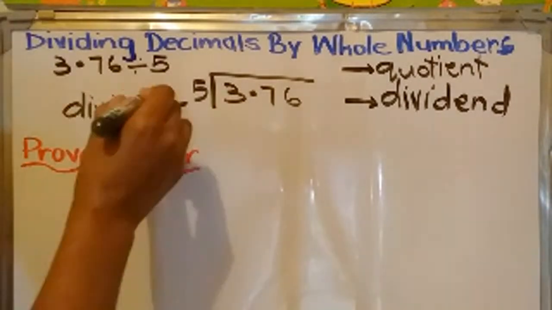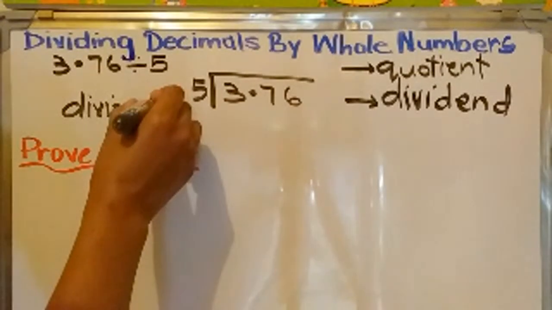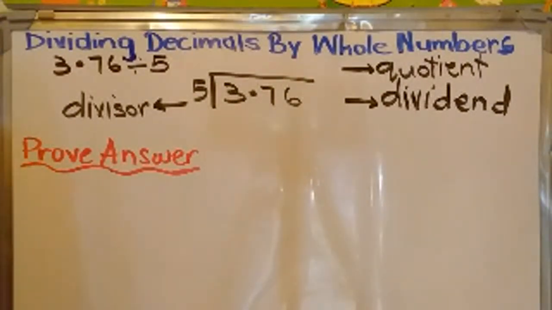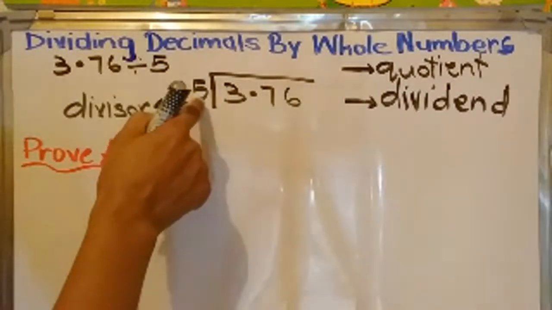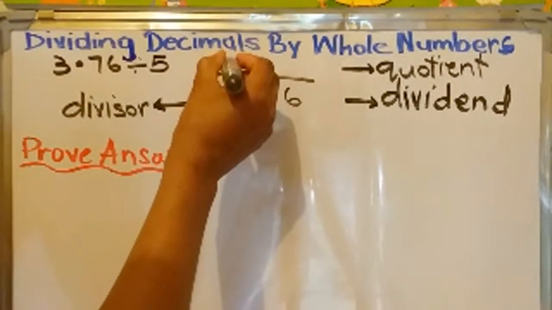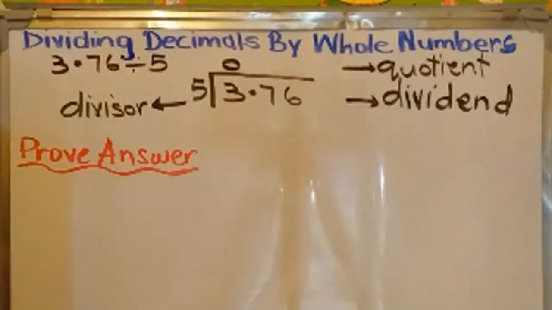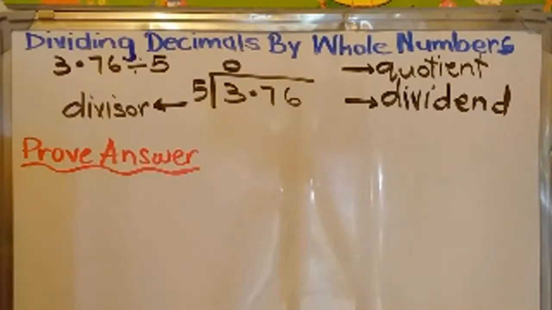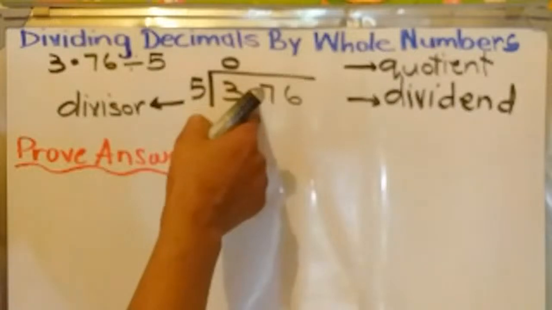All right, so let's go ahead and work this problem. Ask yourself, how many groups of 5 can you get from 3? Of course, you can get 0 groups of 5 because 3 is smaller than 5. Look to see what is next in your dividend, which is your decimal place.